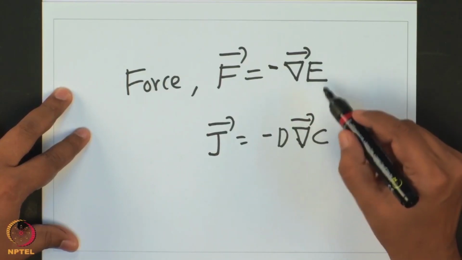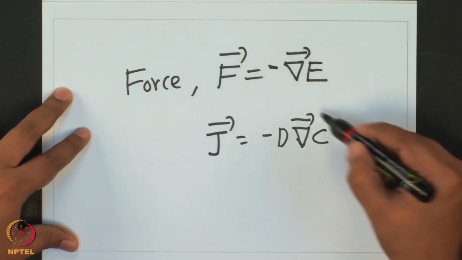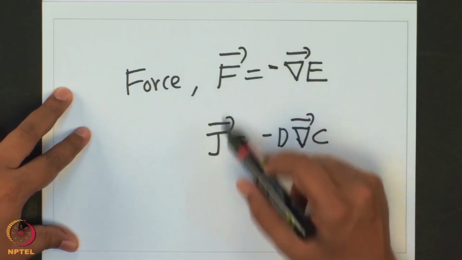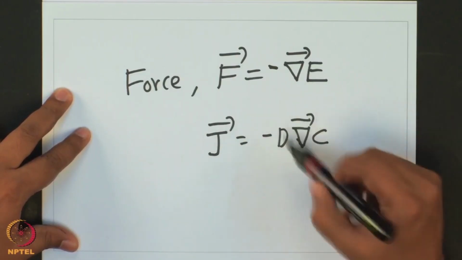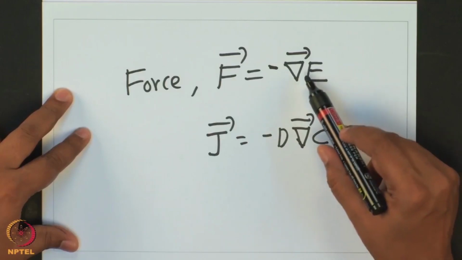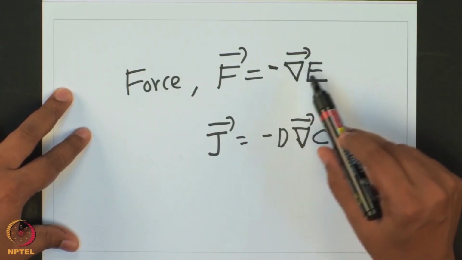The derivative of a scalar, this quantity del, the gradient, is a vector, and force and flow are vectors having a specific direction. So let us now understand something about del E.